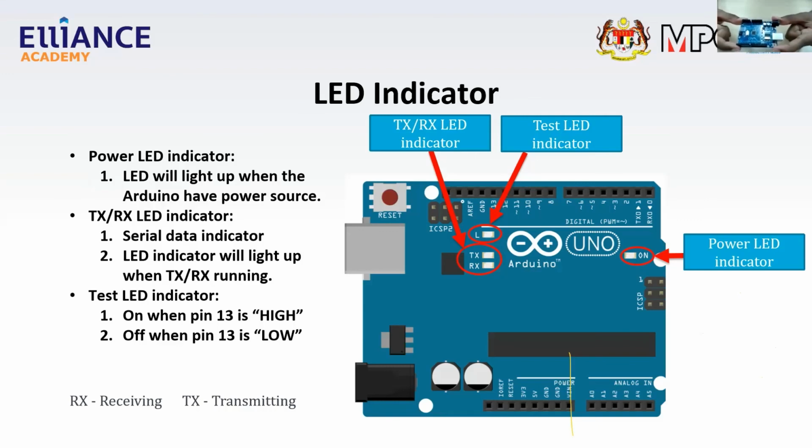If the board is receiving data, the RX LED will blink. And finally we have the test LED, which will be triggered on pin 13, and then the LED will light up. So these are the 3 LEDs that we're supposed to know in order to counter-check if the board is working fine.